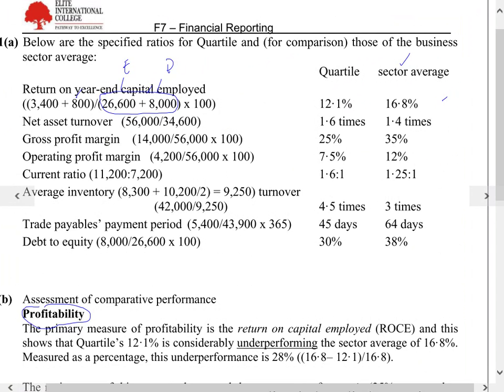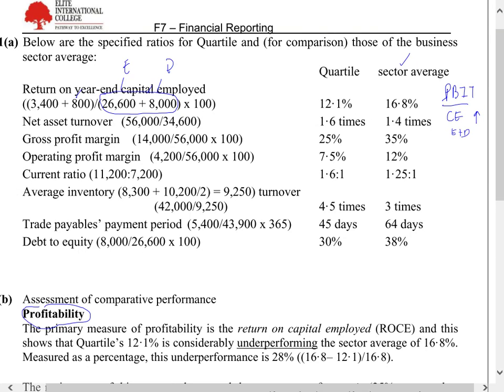One of the reasons is, is our return lower, PBIT compared to capital employed? If my capital employed is high, what happens to my ratio? We know the formula is PBIT divided by capital employed. Capital employed is equity plus debt.